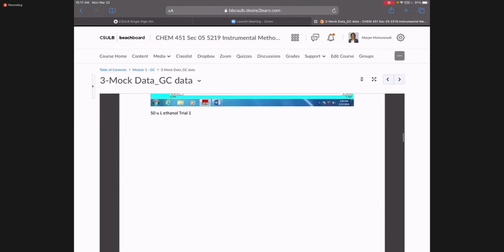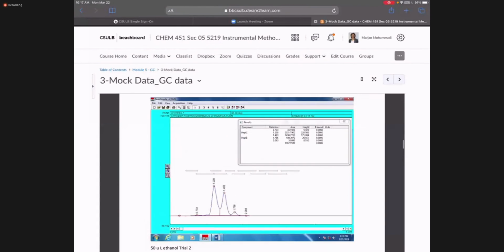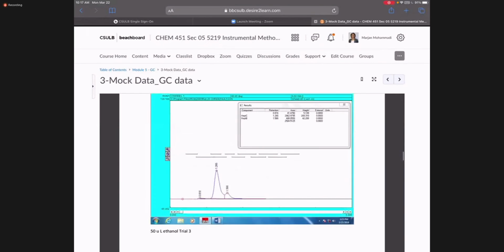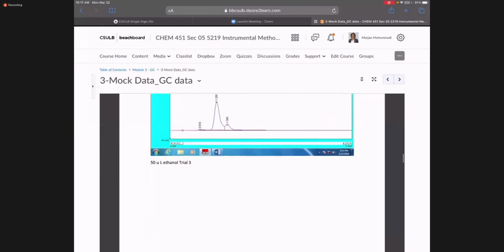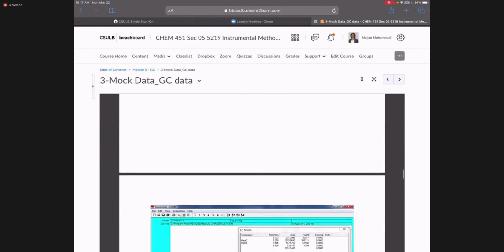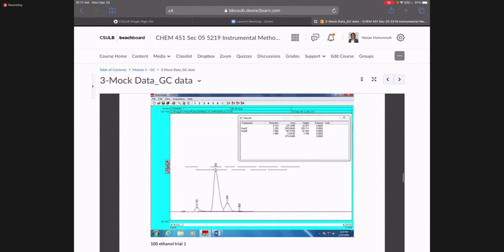Let's scroll down. So this is trial 2, trial 3 right here. And then let's go to the next concentration, 100 microliters. Agree, guys? Exactly.